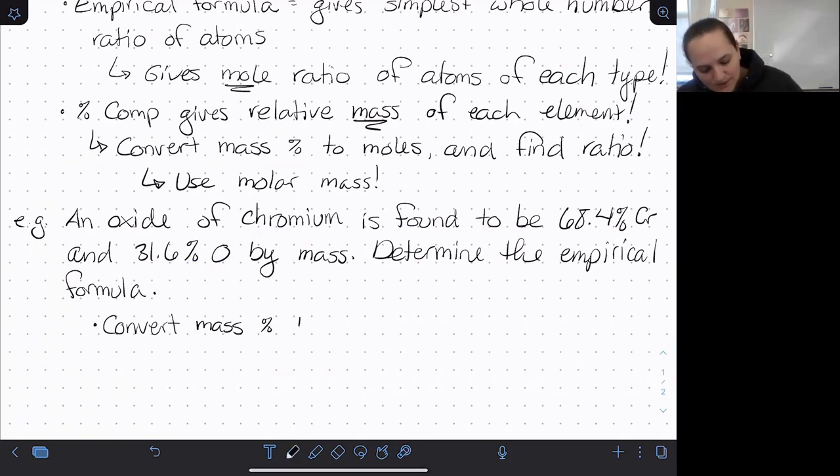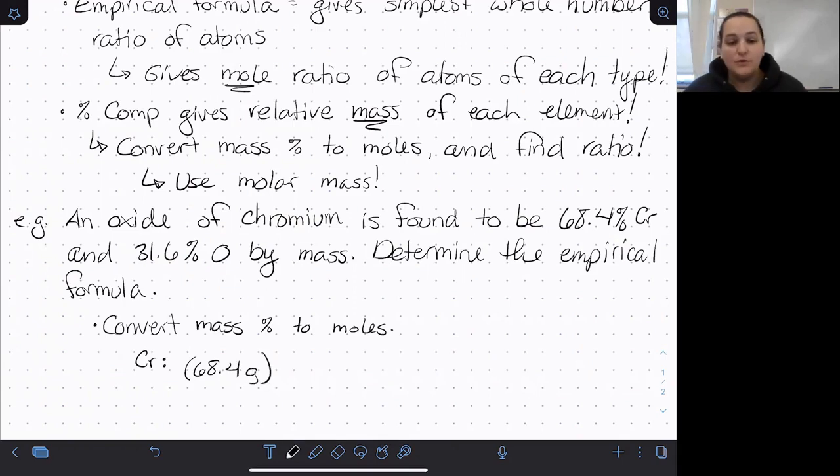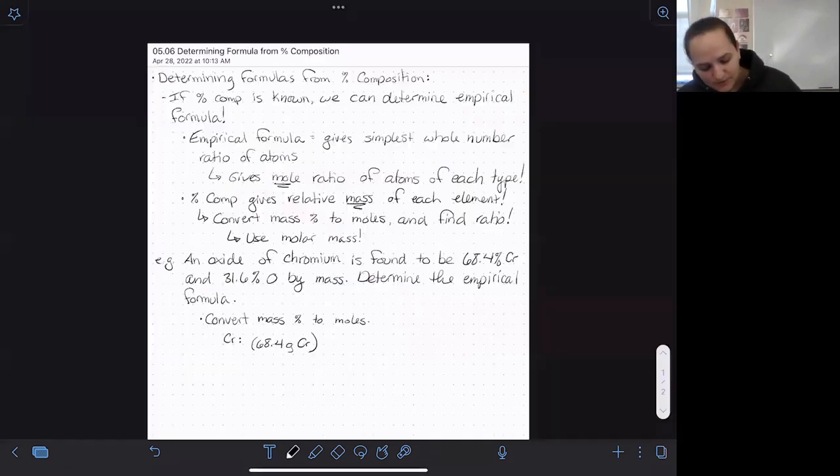So we can convert our mass percents to moles using our molar masses. So for chromium, we know that this is 68.4% chromium by mass. So let's say we have 68.4 grams of chromium.